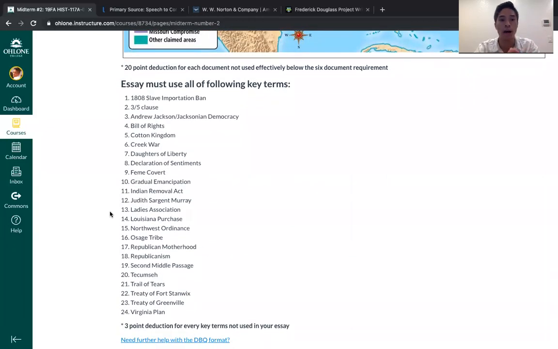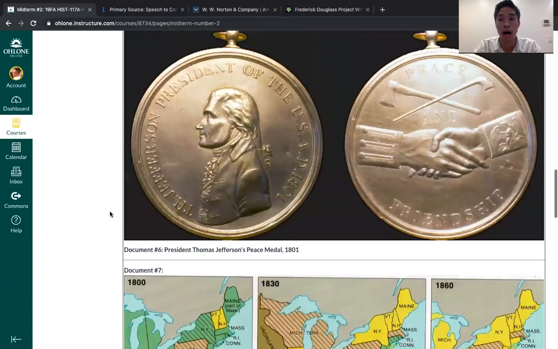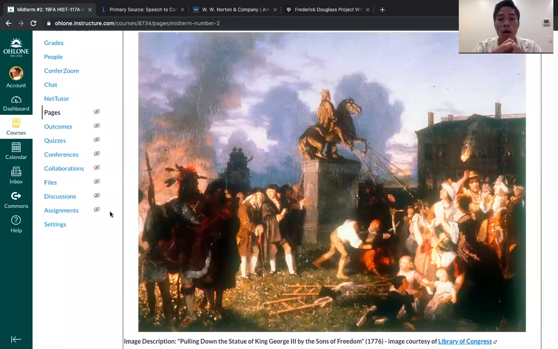The key terms, I'm not going to go over them because you have that information inside the book. So I expect you to do your preparation. What I recommend is that you think about how this country was founded, the ideas it was built upon.